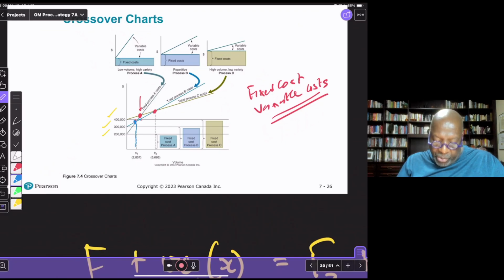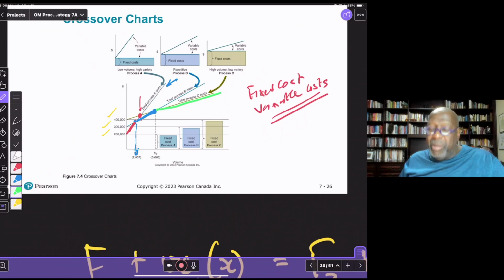So if I actually go down, this volume is good for this graph right here, this production line. And then between the next crossover point is here, which means that this one here, let me just do this. I'll paint this one red, then this one blue, and this one green.